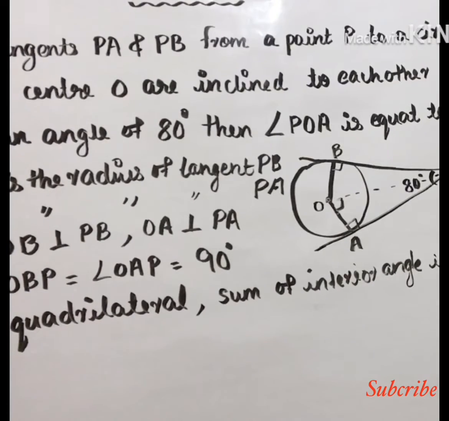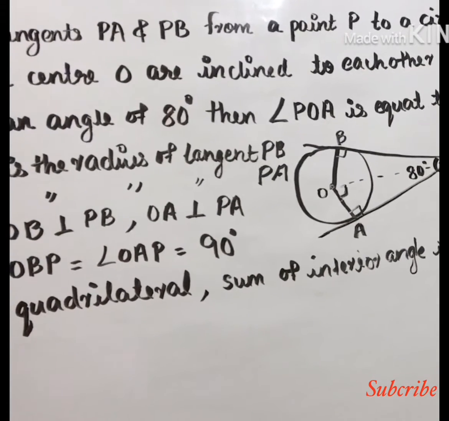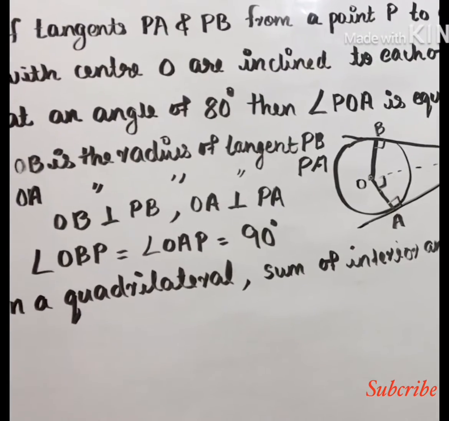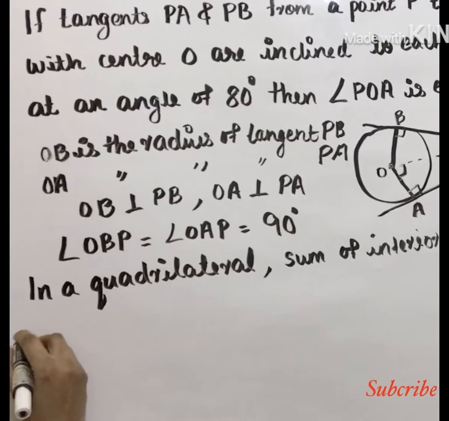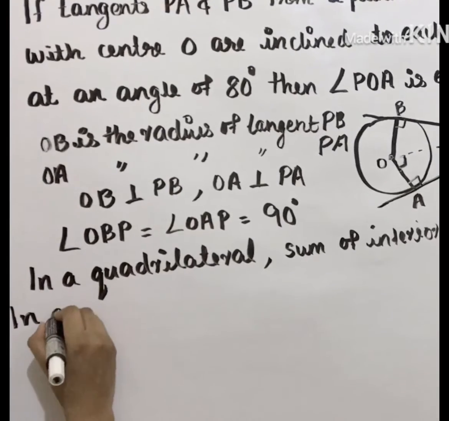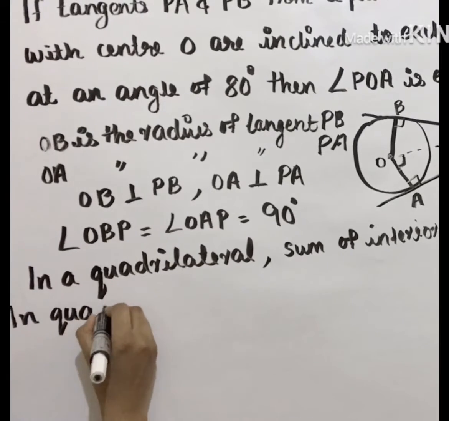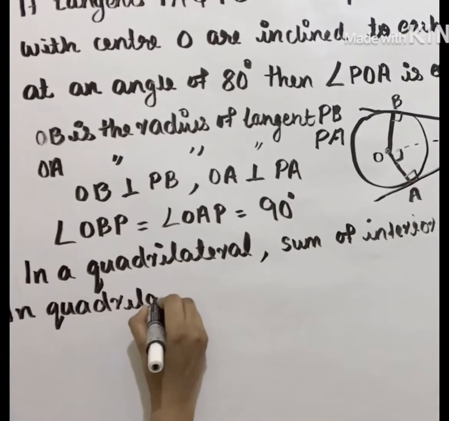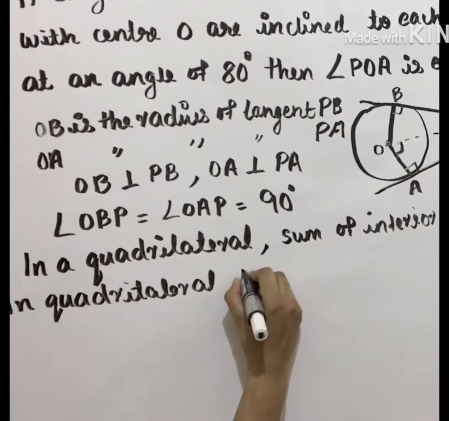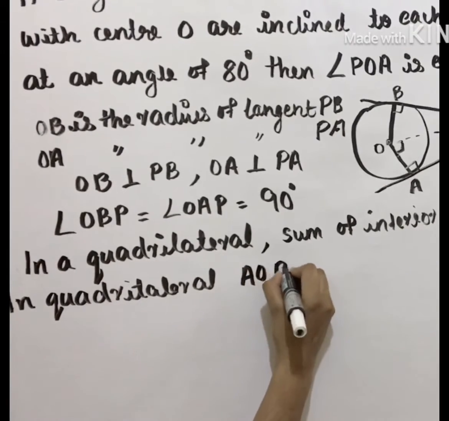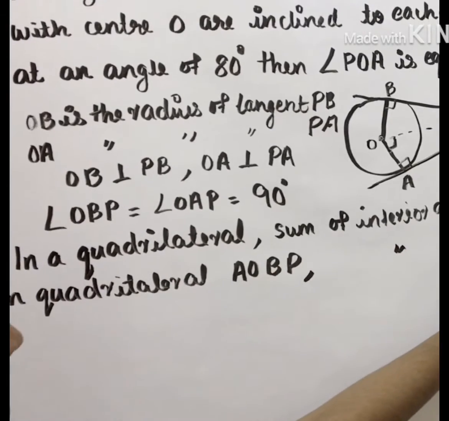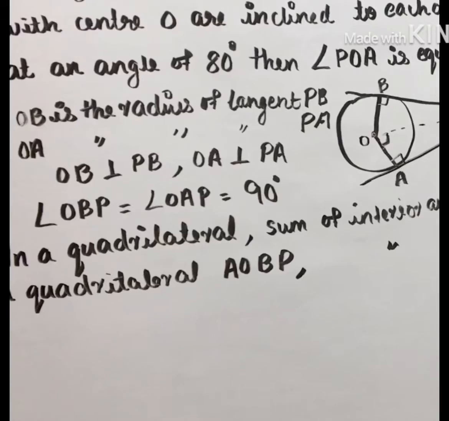Now, AOPB is a quadrilateral, and its sum of interior angles is 360.